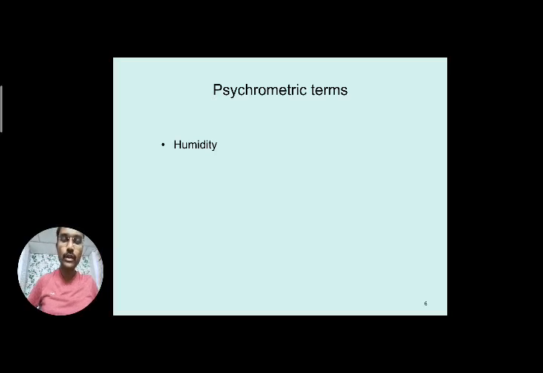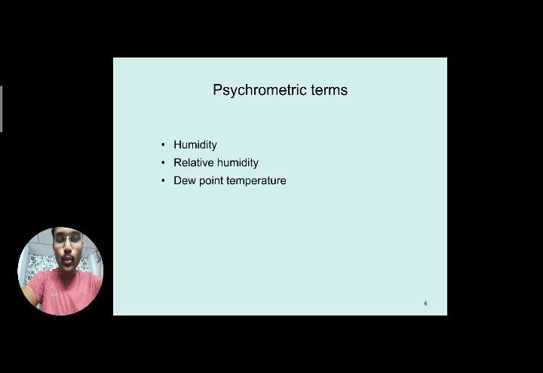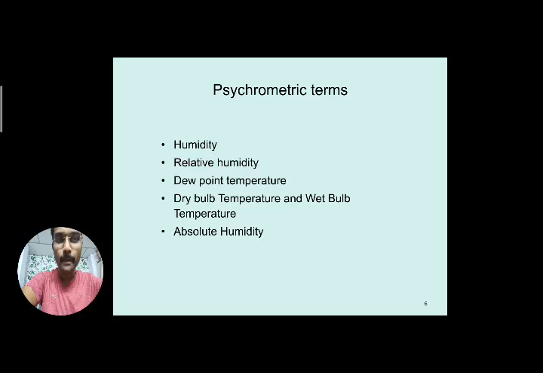Next, coming to the terminology, a lot of terms have to be discussed before we study psychrometry in more detail. The psychrometric terms are humidity or relative humidity, shortly named RH, dew point temperature DPT, dry bulb temperature and wet bulb temperature, DBT and WBT, absolute humidity, humidity ratio.